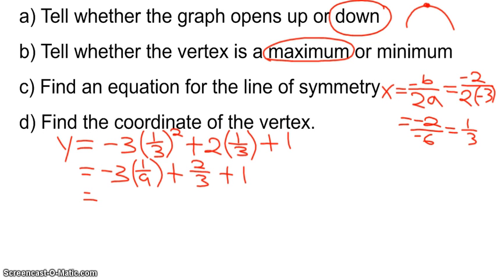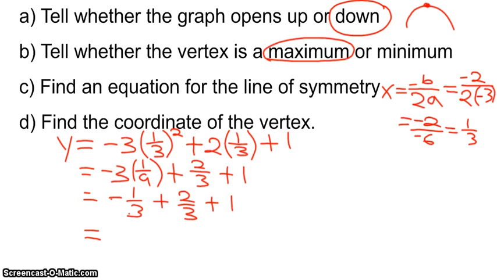Continue to simplify. Negative 3 times 1/9 is negative 3 all over 9. And I'm going to reduce that and make it negative 1/3, plus my 2/3, plus 1.